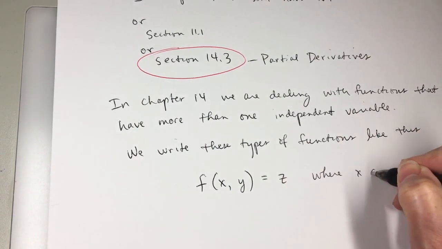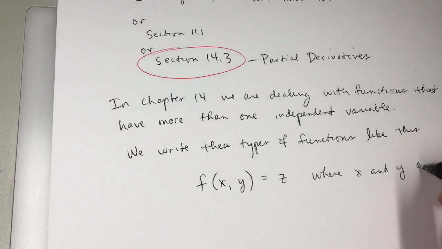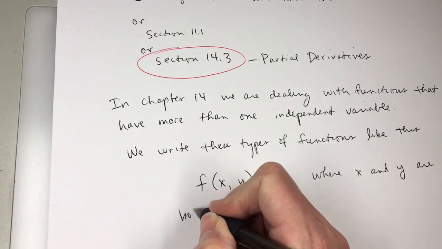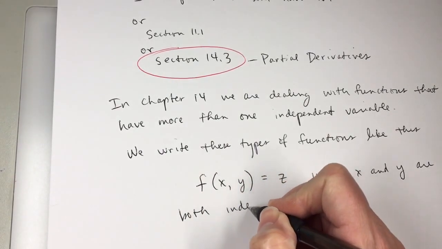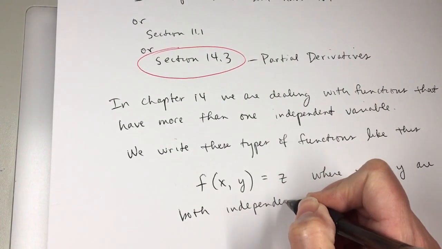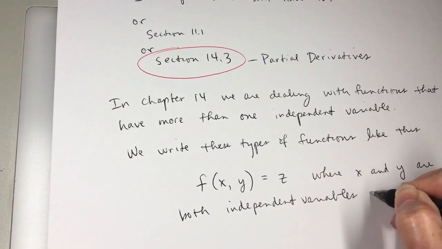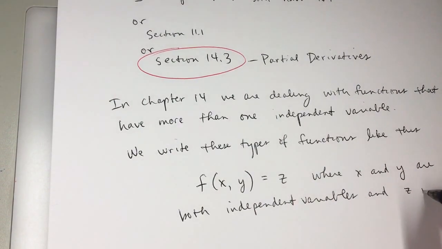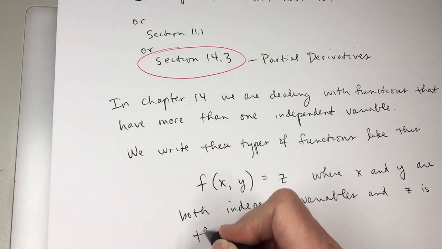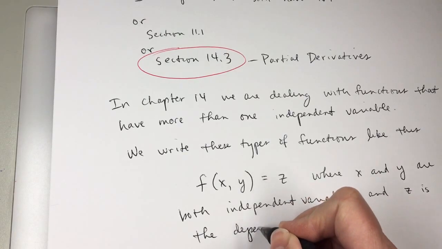So where x and y are both independent variables, and z is the dependent variable.